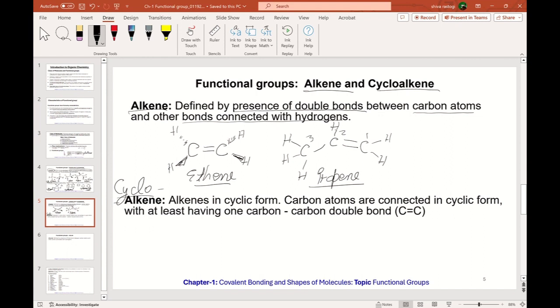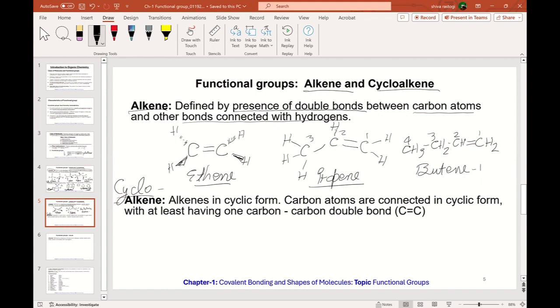Similarly, if we have CH3, CH2, CH, double bond CH2, this is like a butene, 1-butene. Numbering will start from here, 1 2 3 4. So 1-butene or butene-1.